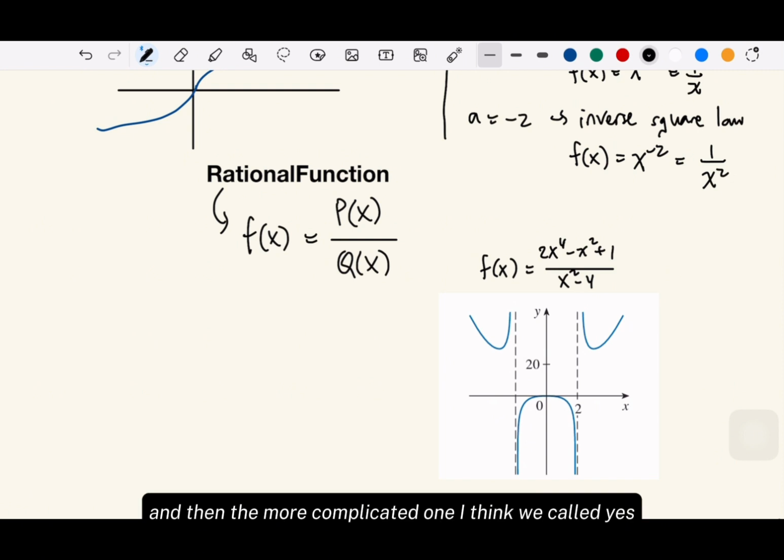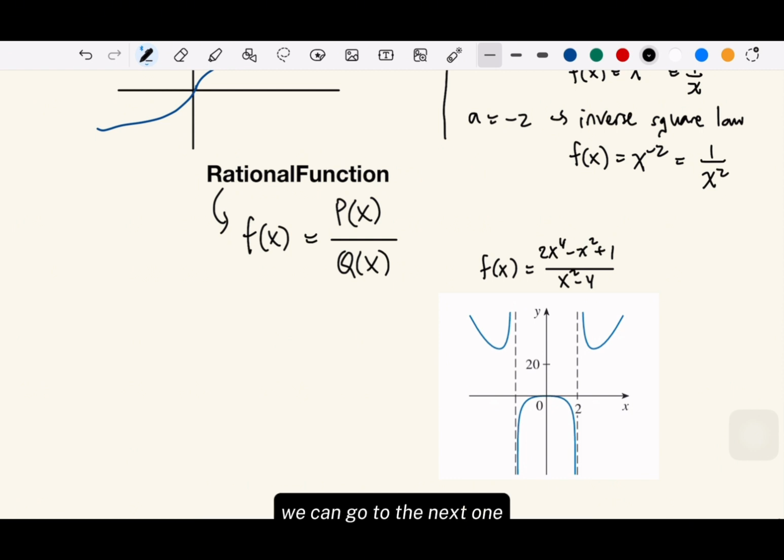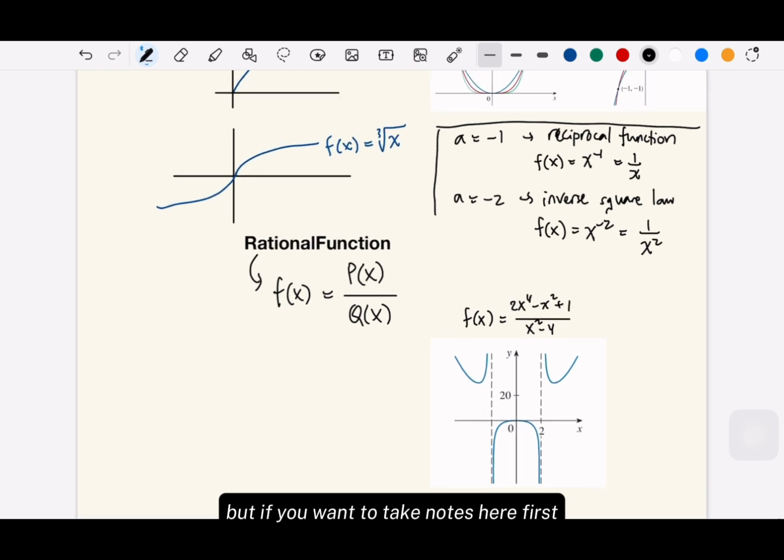And then the more complicated one, I think we call just a normal algebra function or algebraic function. We can go to the next one. But if you want to take notes here first, I will give you some minutes to do the note taking.